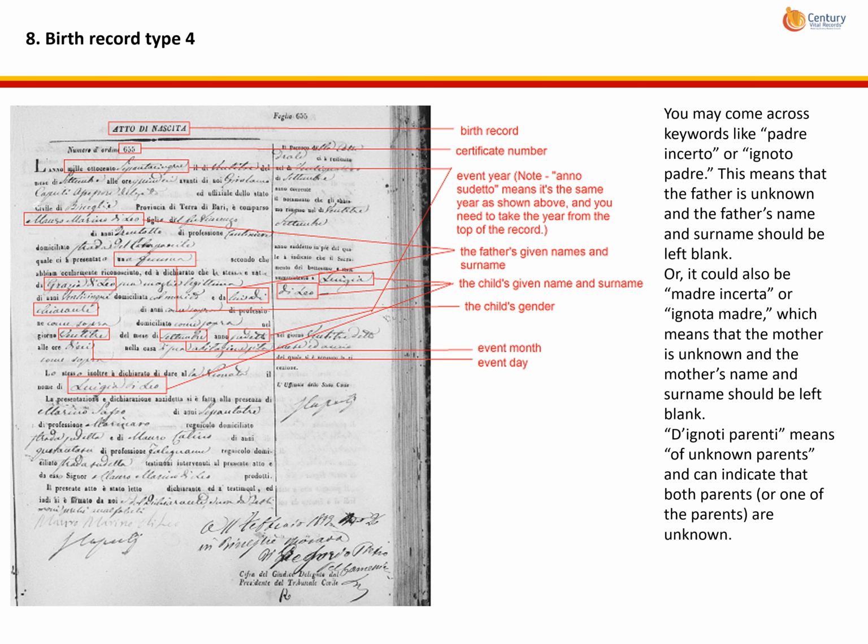This is another type of birth record. Use the same keywords to identify the required information. Look at the additional keywords listed in this slide. They will help you understand when the father, the mother, or both the parents are unknown.